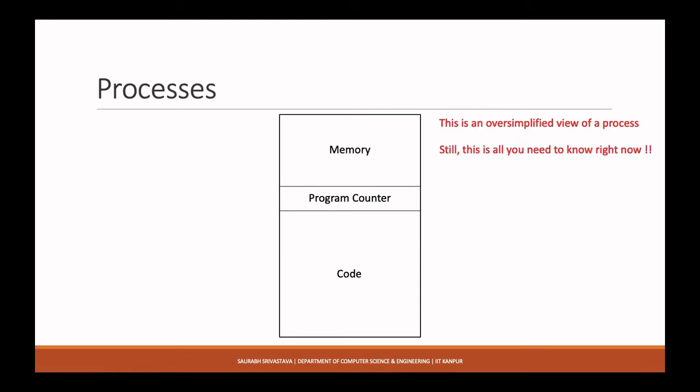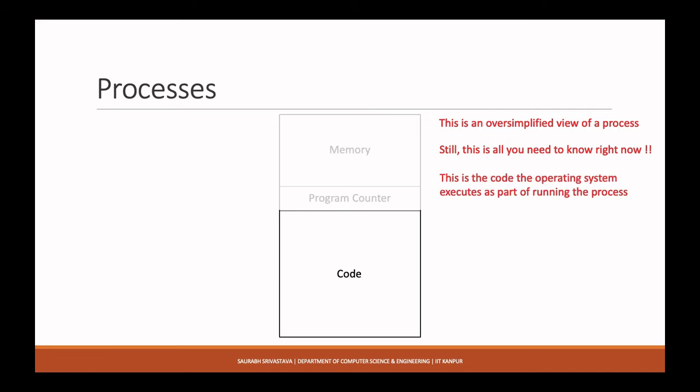As of now, this is all you need to know: out of this complete memory, some memory is dedicated to store the code, the actual instructions of your program. And by the way, these instructions are not really Java or C code. This is somewhat similar to what we saw in week 0. This is kind of assembly language code or machine code. So there is some part of this whole memory that was allocated, and there the code resides.